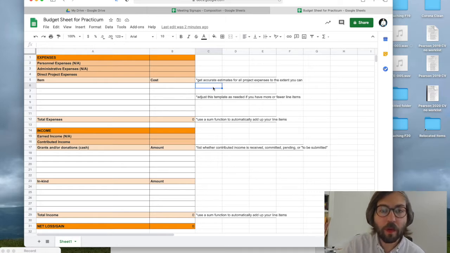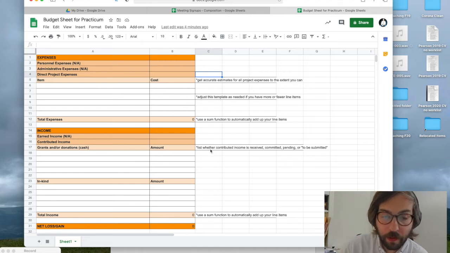low to no budget, because we have feared that there is low to no funding. But it is important to know your way around a budget.